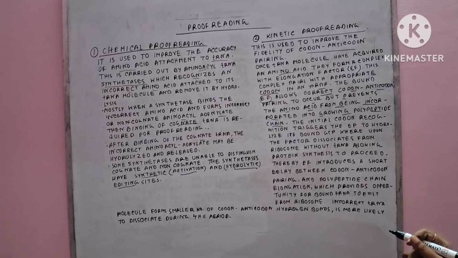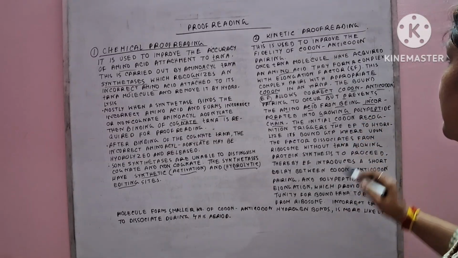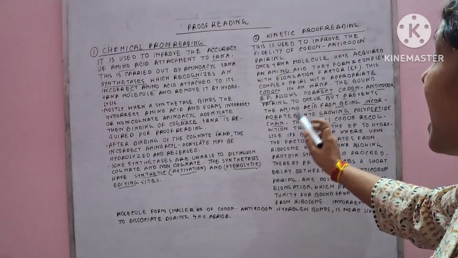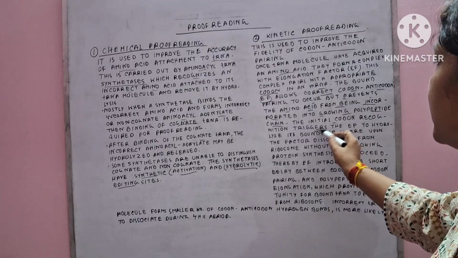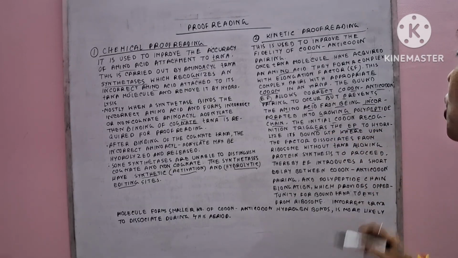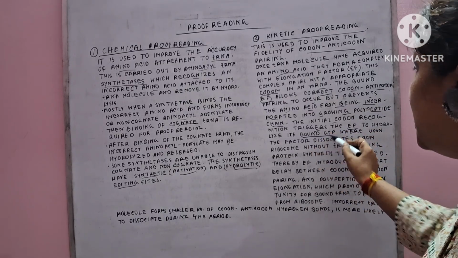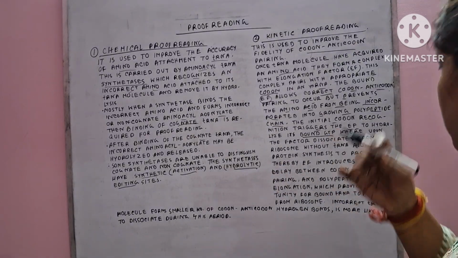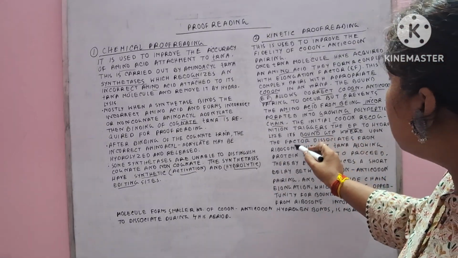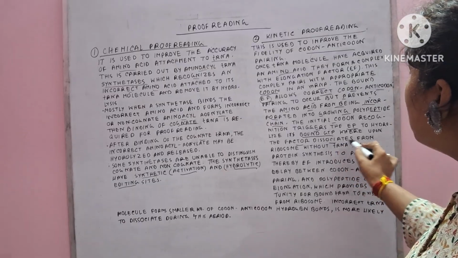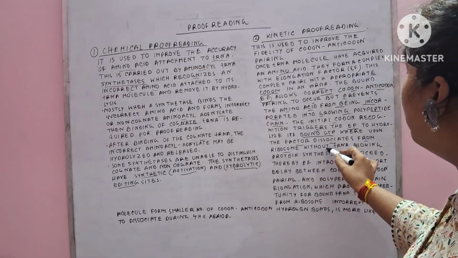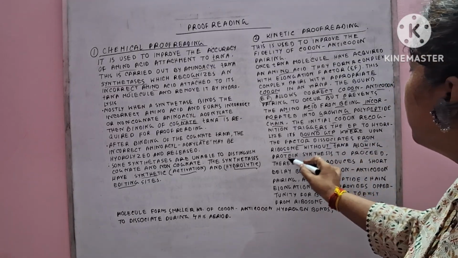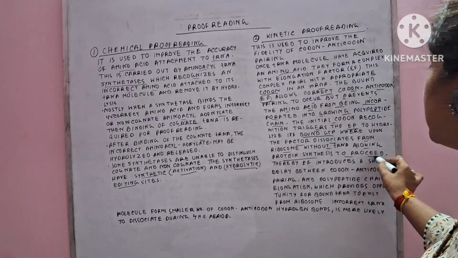The initial codon is recognized first, and this recognition triggers the elongation factor to hydrolyze the GTP that is already bound in the place. So the factor dissociates from the ribosome without tRNA, allowing protein synthesis to proceed.